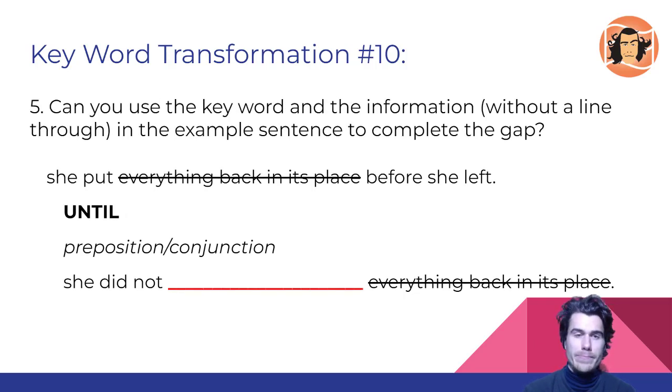Step number 5. Can you use the keyword until and the information without a line through in the example sentence? So she put and before she left to complete the gap. Take a minute, try to complete the gap using that information. When you're ready, press play and we'll see what I write in the gap.